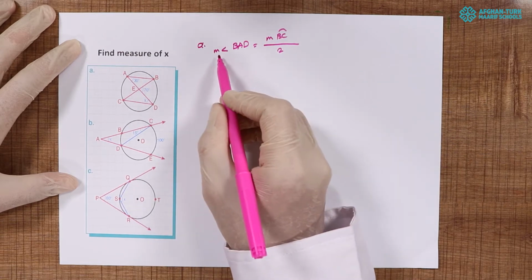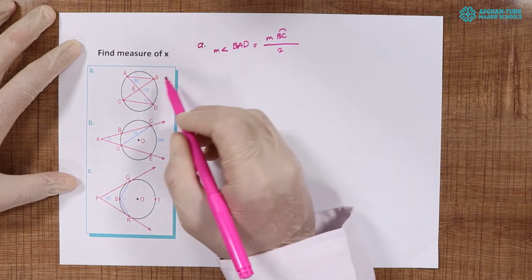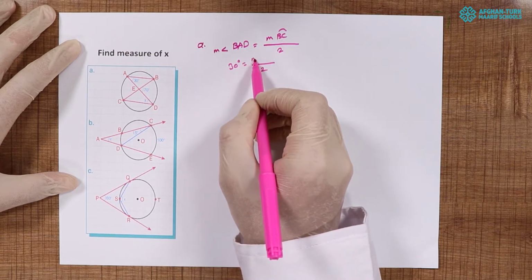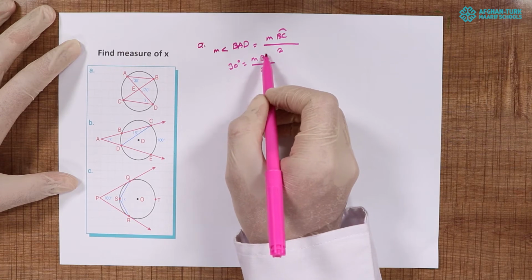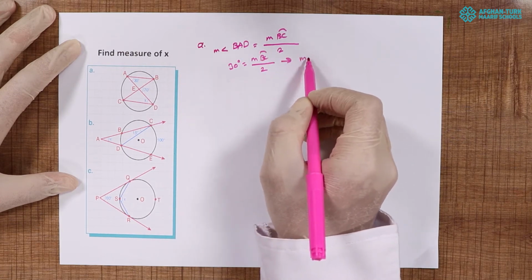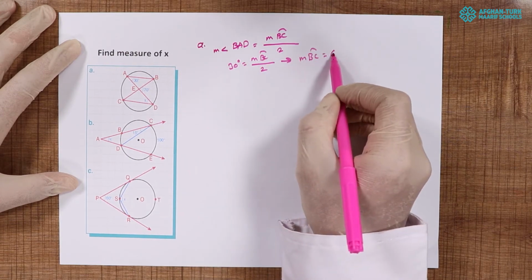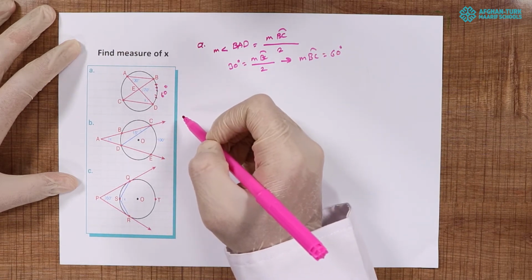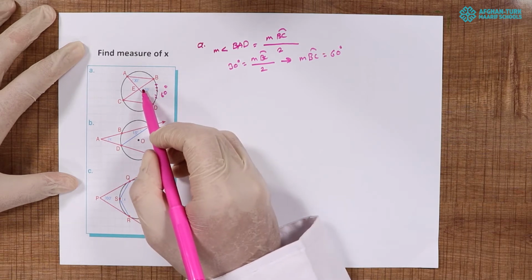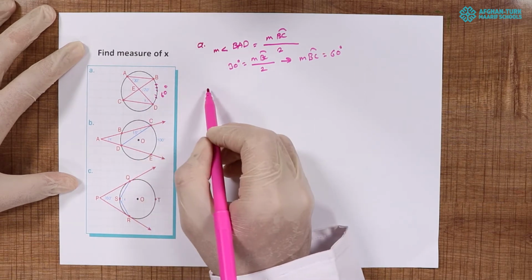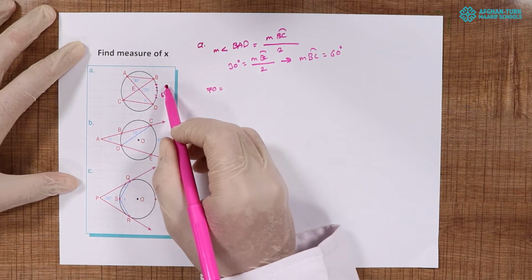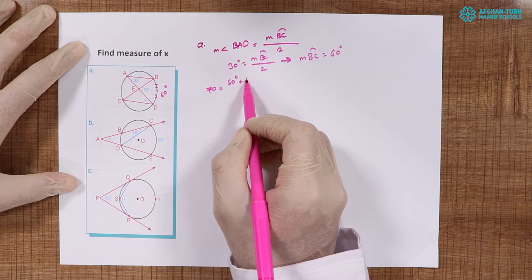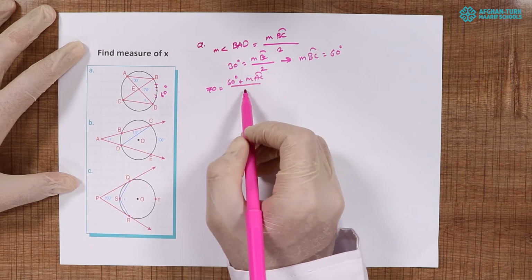What is the measure of BAD? 30 degrees is equal to half of the measure of arc BC. So arc BC is equal to 60 degrees. It means this arc is 60 degrees. So we had a formula, 70 is equal to (60 plus measure of arc AC) over 2.